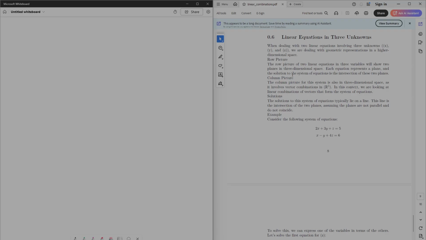So the row picture of two linear equations will show two planes. Each equation represents a plane, and the solution to the system of equations is the intersection of these two planes. Okay, so it would look something like this, as it says there. So let's say you have a plane in three dimensions. Let's say the plane is here.